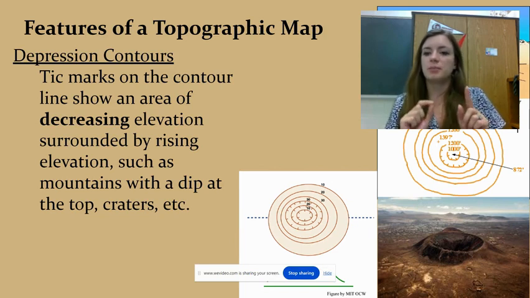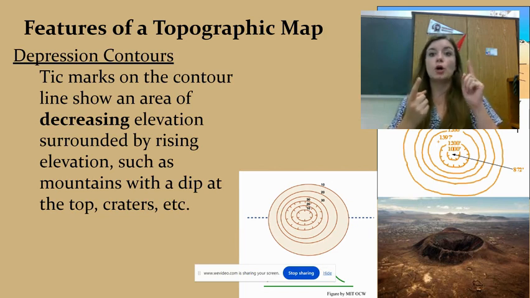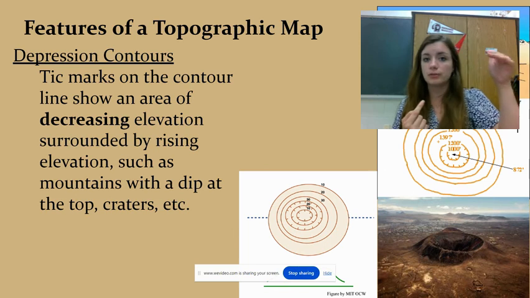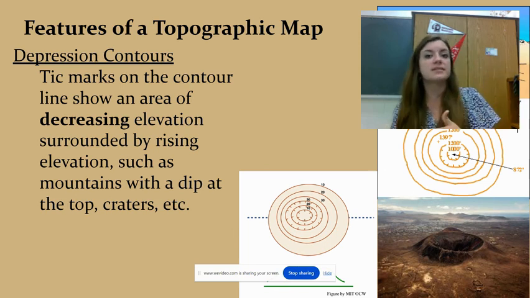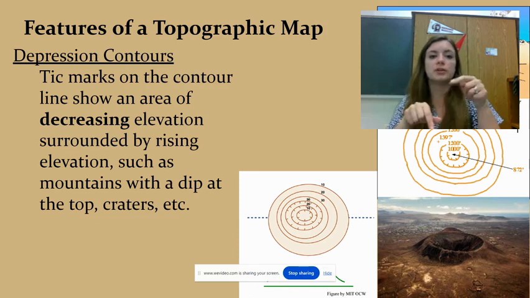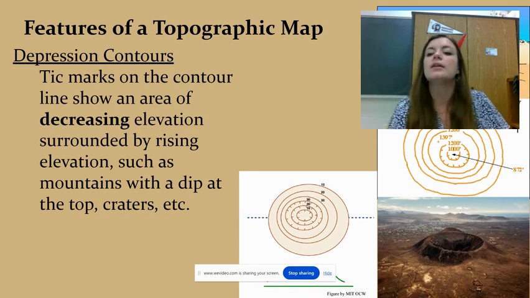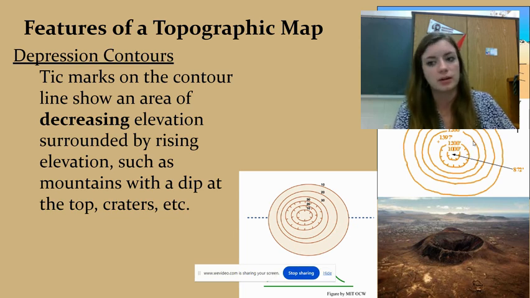Something to note about the tick marks, they go down by that same interval. So for counting by tens, they're going to go down by tens as well. Each contour line with a depression tick mark goes down by 10, but the first line with the tick mark is actually the same value as the last line without a tick mark. So these two are going to be the same values.